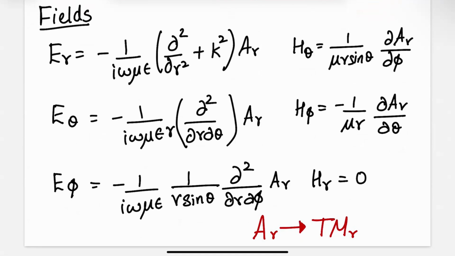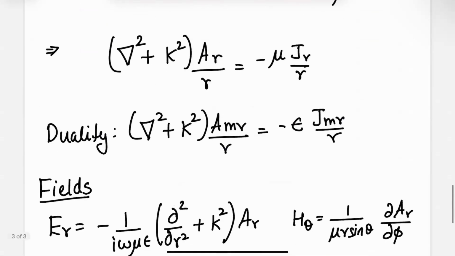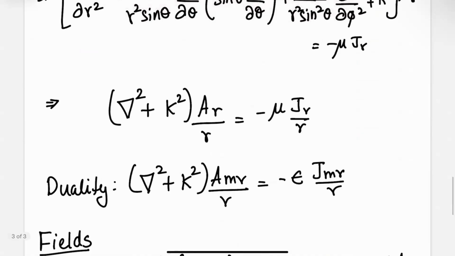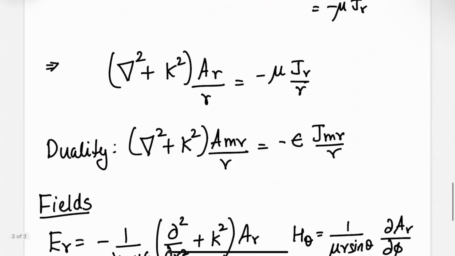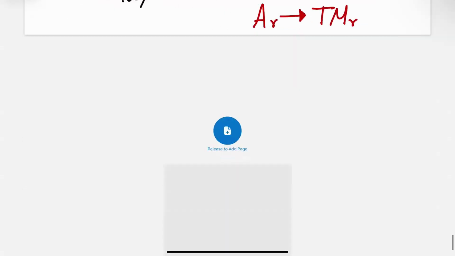So in general, the field components have all r, theta and phi components because it's a combination of TM to r and TE to r modes, and that in fact forms a basis. We still have to solve this wave equation to see what the solutions look like. We haven't done that yet. So we want to know what these modes look like.